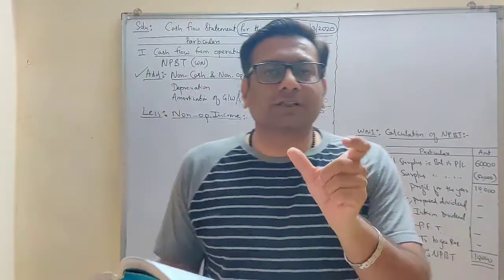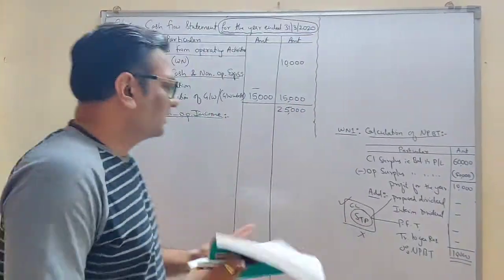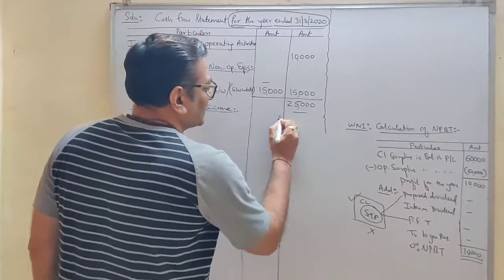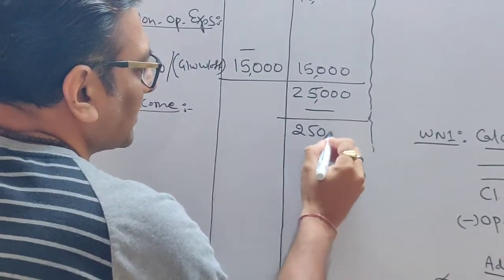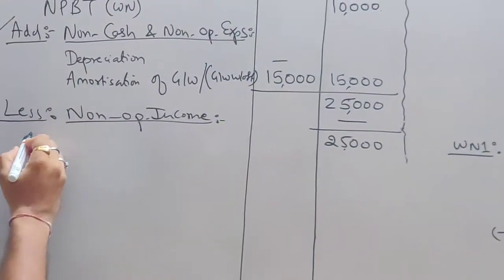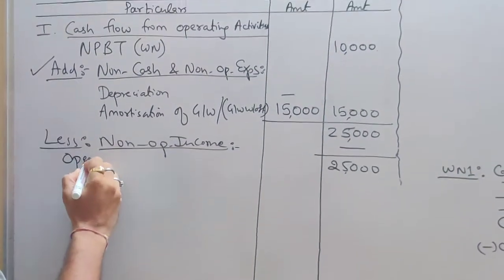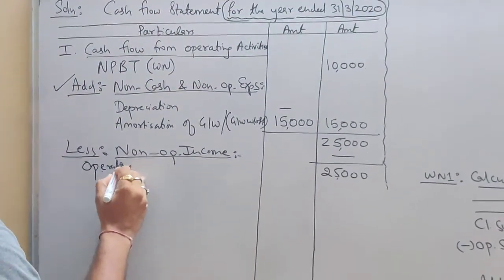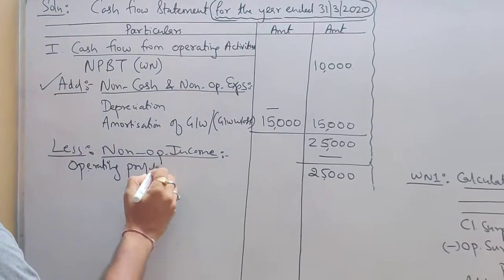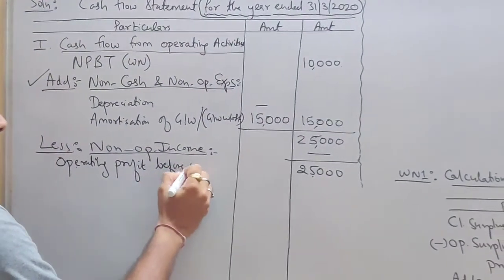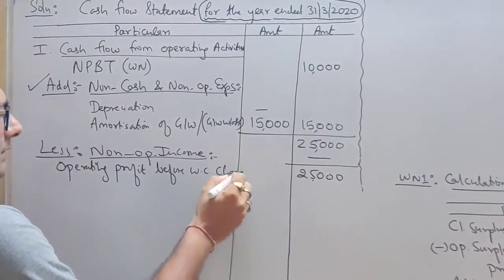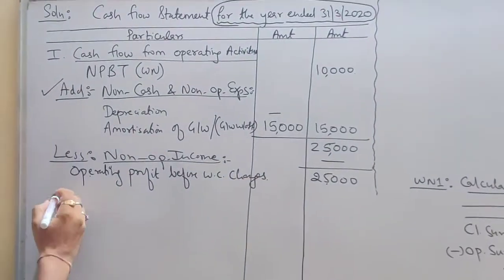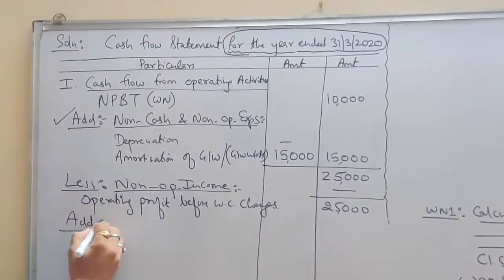So there are no non-current investments given to you. You can put a dash, it's not given. So this 25,000 you can write as operating profit before working capital changes.